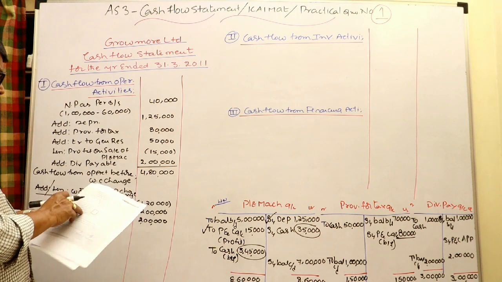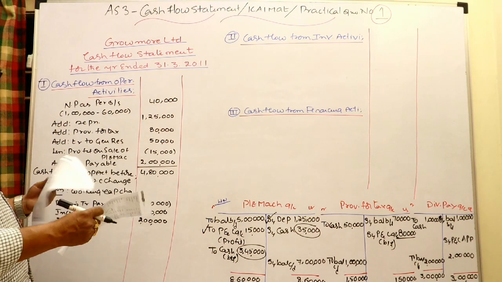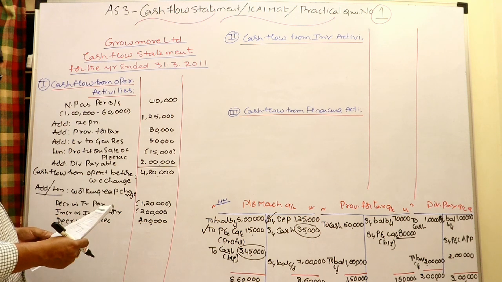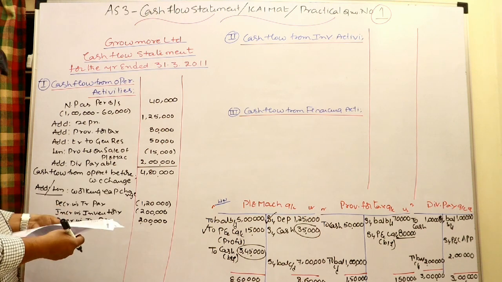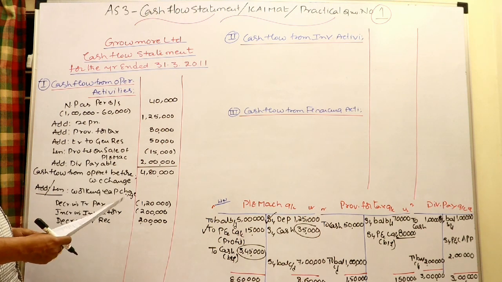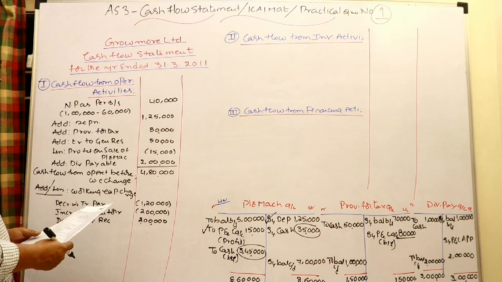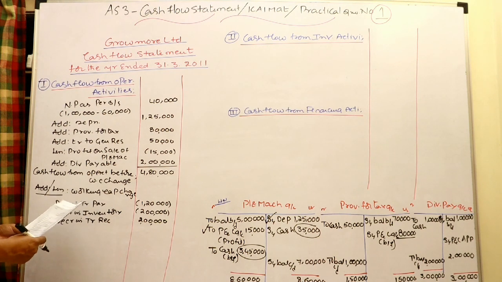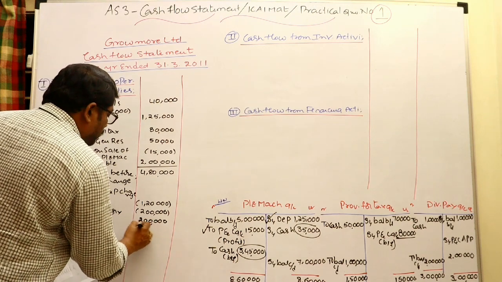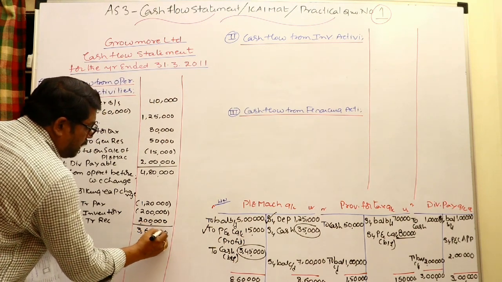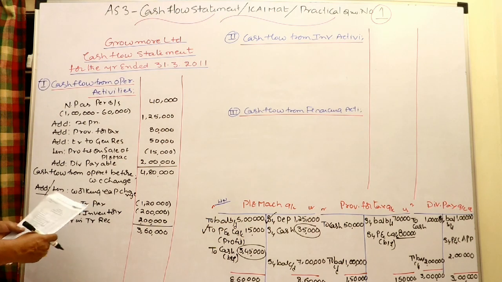If you check, 2 items are outflow and only 1 item is inflow: 2 lakhs outflow, 1,20,000 outflow, 2 lakhs inflow. Net of these we can say 60,000 outflow. The net result is 3,60,000.